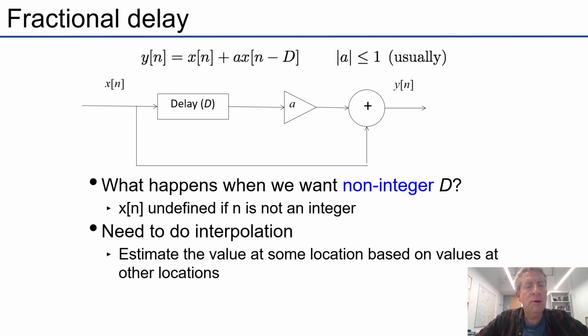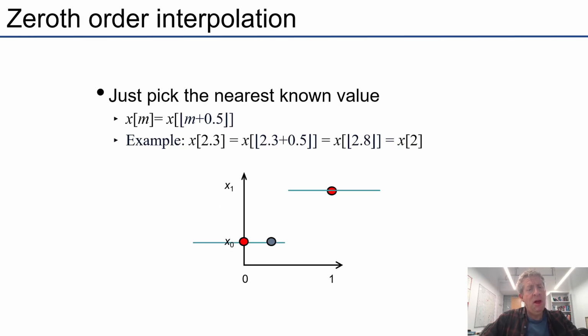So, fractional delay. What we've talked about is when there are non-integer delays, like if the delay is modulated using a sine function. First attempt, the zeroth order interpolation, is also known as nearest neighbor, where to estimate the value at some x between x0 and x1, you just pick the closest of those two values.